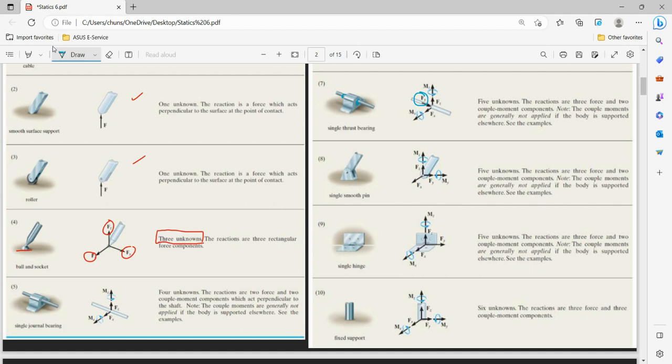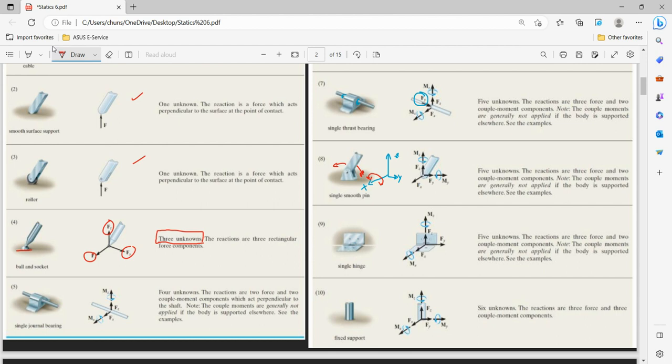All right, single smooth pin. Let's see, so it can rotate about our x-axis, right? Because if we move this side to side, then we can still picture it like this, right?